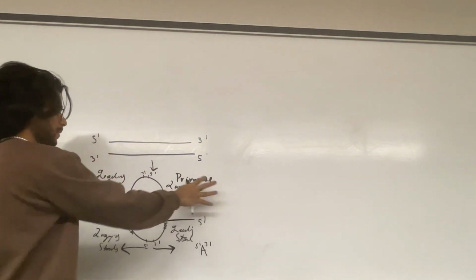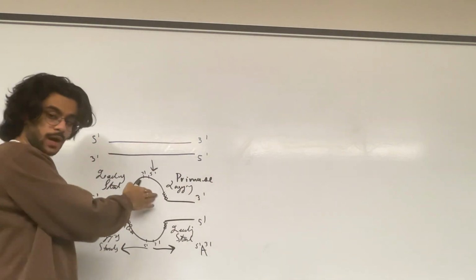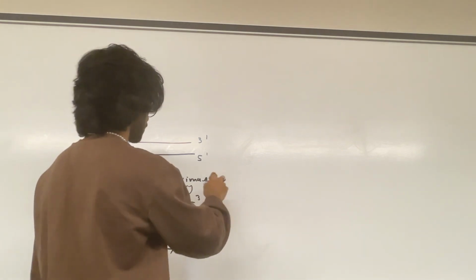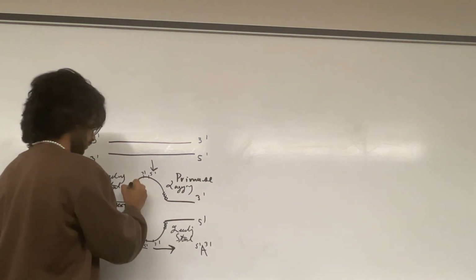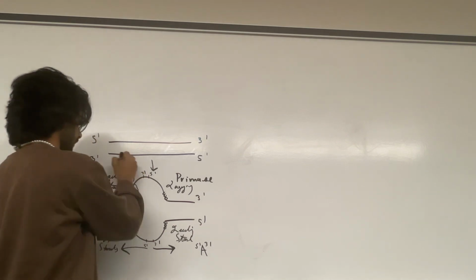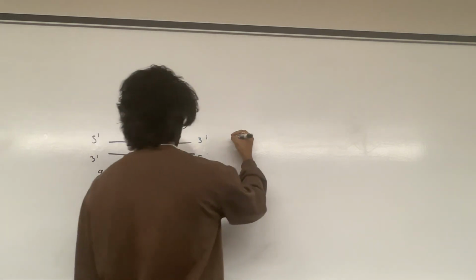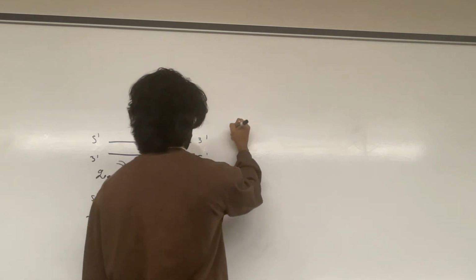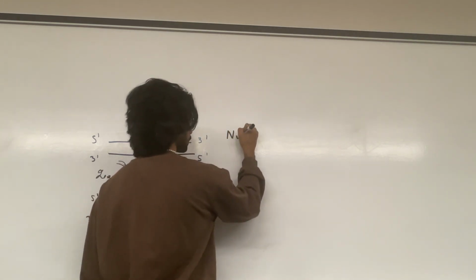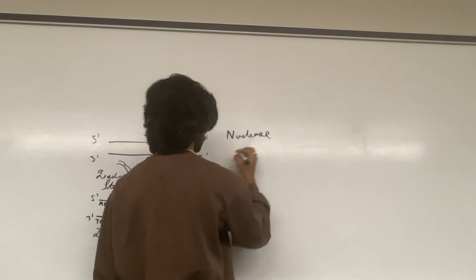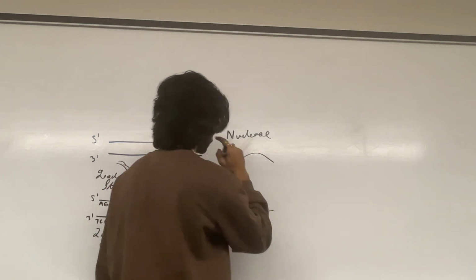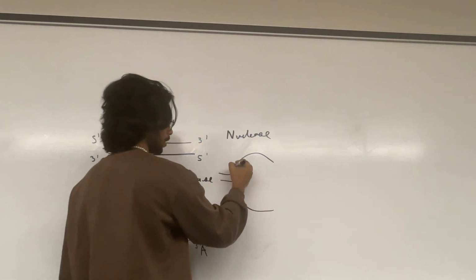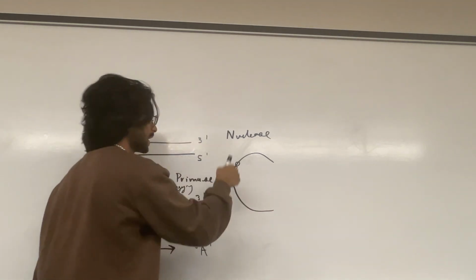At this point, we have primase, which has added the primers to our replication fork, and DNA polymerase has come in and added the complementary nucleotides to each area. We will then have nuclease come in and remove these DNA primers.